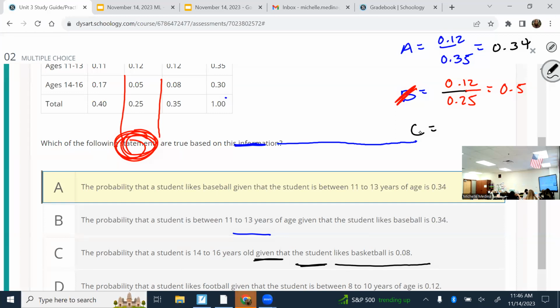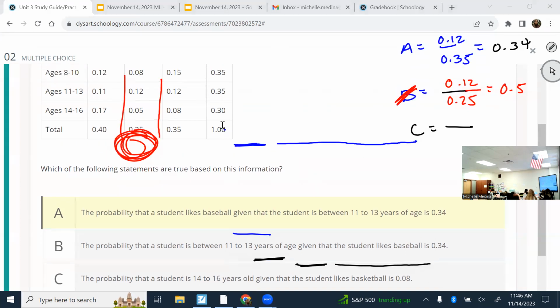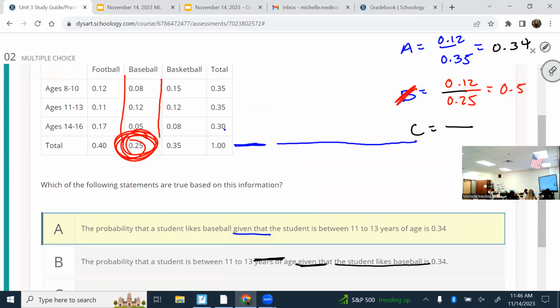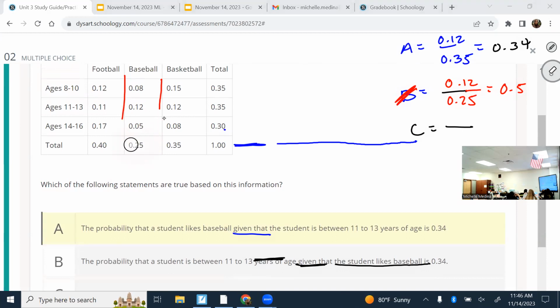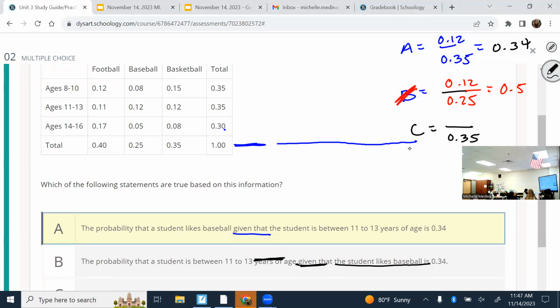So again, what follows things like "given that," "among those," "out of," that is your denominator. So how many total students like basketball up here? Let's see. Ryan, what's my total for students liking basketball? Okay, good. So when it says, given that they like basketball, that needs to be my denominator.